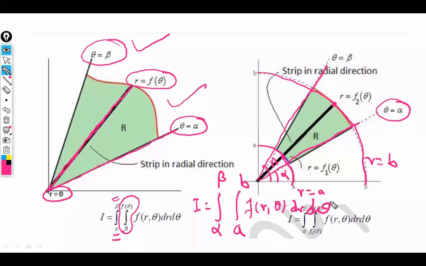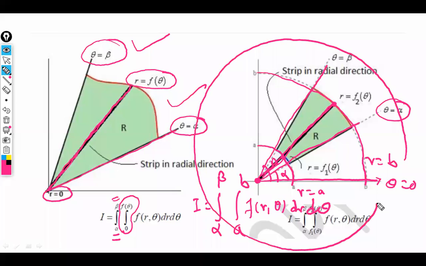So limits mainly we take with the strip, and that strip is along a radial direction. So this direction is important. This direction is not parallel to any axis. Another thing, that strip is fixed at the origin, and the strip initially starts with the initial line theta equal to 0, and we rotate 0 to 360.